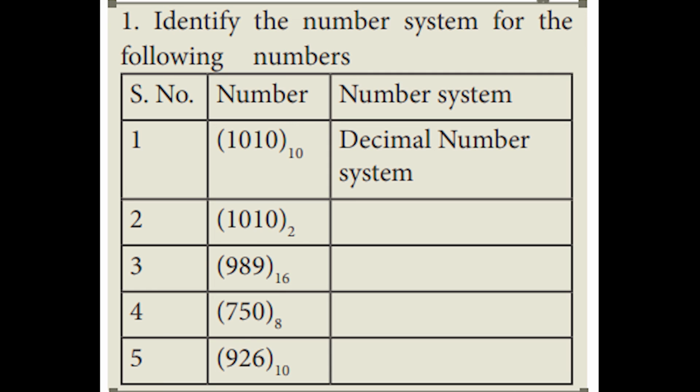You just find which number system it is. You can find it with the base itself. You know the base value, right? Decimal means the base value is 10. Binary means 2. Hexadecimal means it is 16. Octal means it is 8.